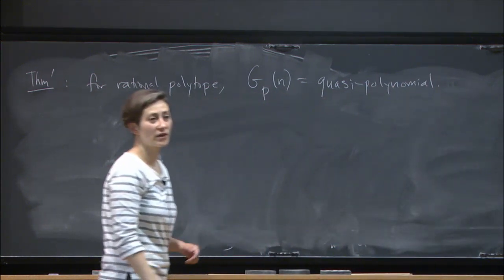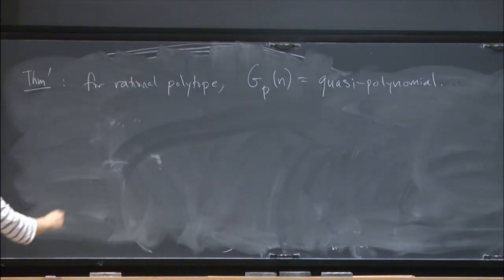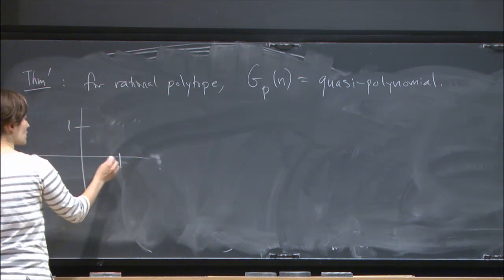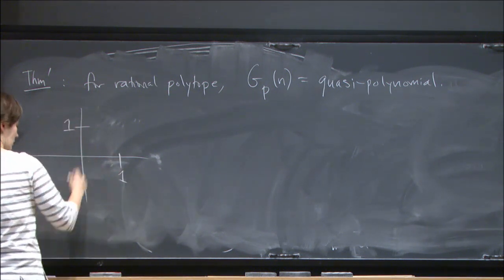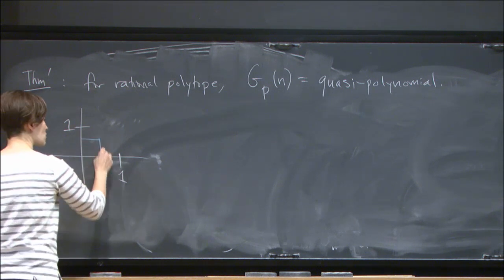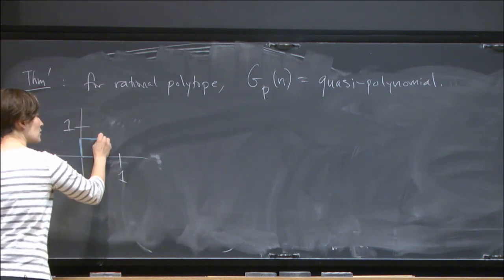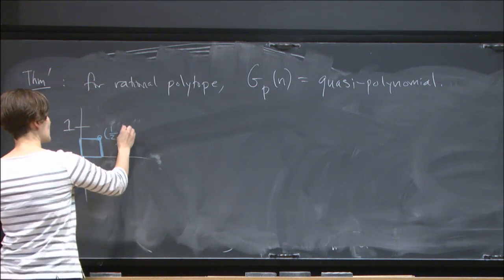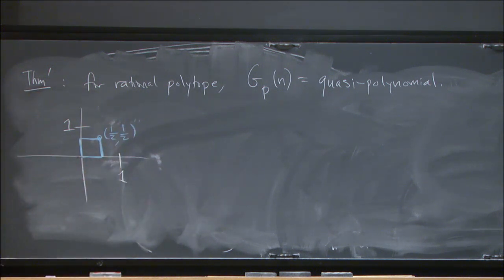So let's do an example, because this is actually quite nice. Let's do the example of the half square. Let's take the square with a vertex at a half and at the origin, and let's just count.